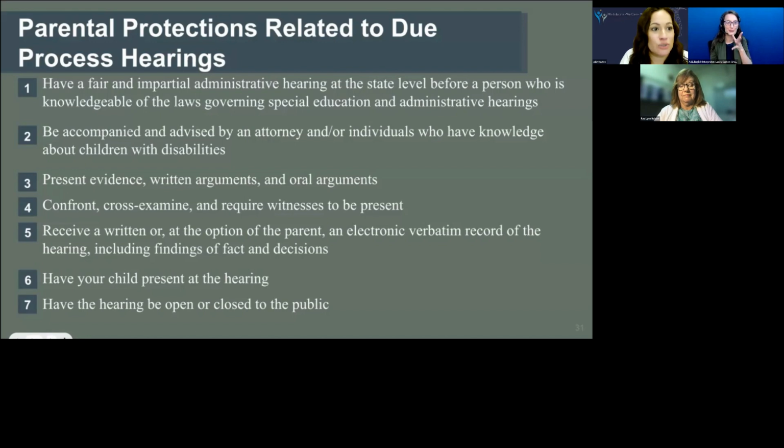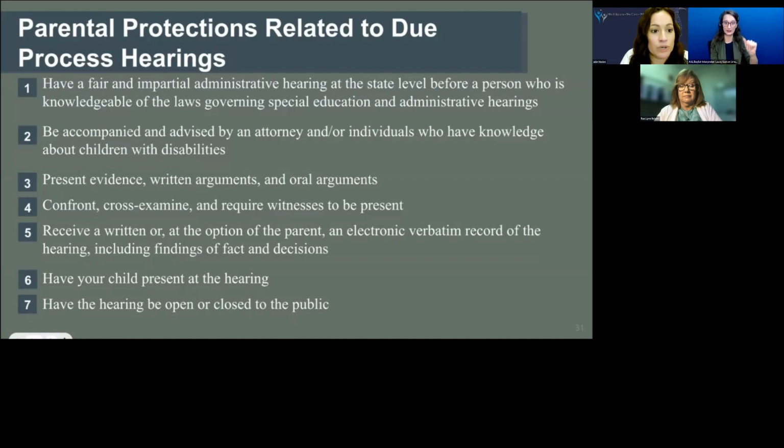Parental protections related to due process hearings. Number 1, have a fair and impartial administrative hearing at the state level before a person who is knowledgeable of the laws governing special education and administrative hearings. Be accompanied and advised by an attorney and/or individuals who have knowledge about children with disabilities.